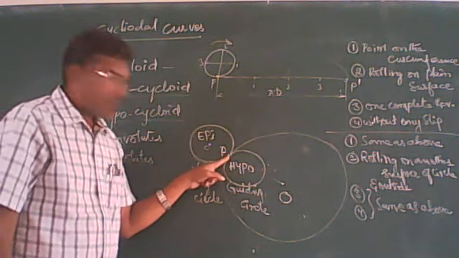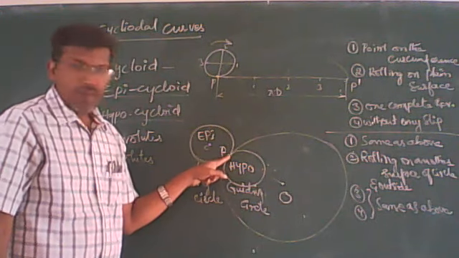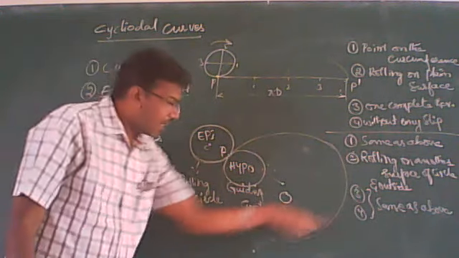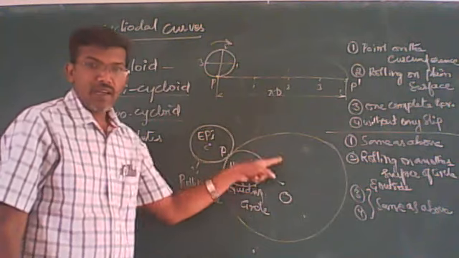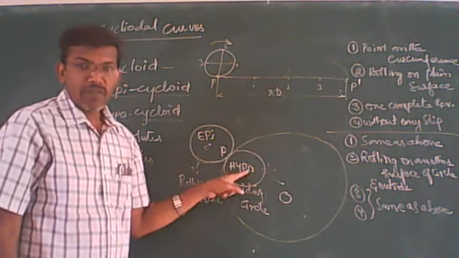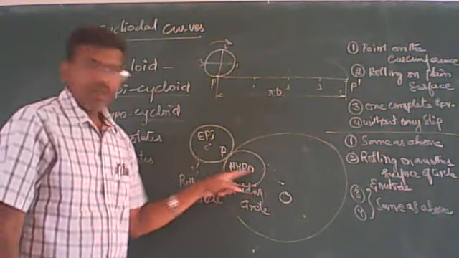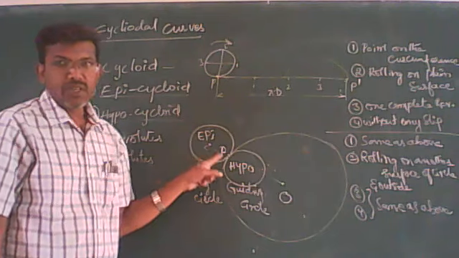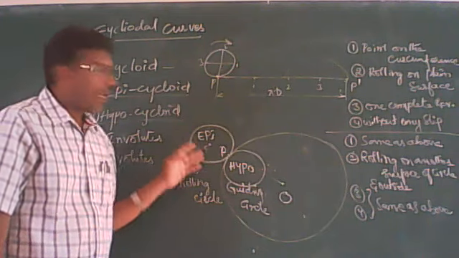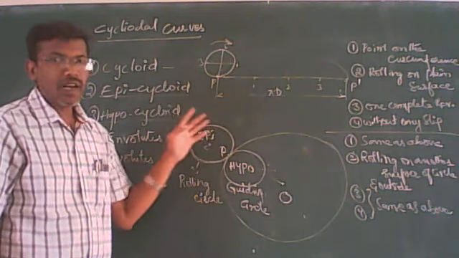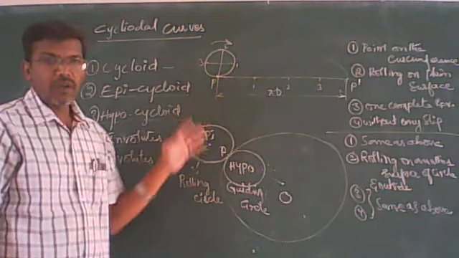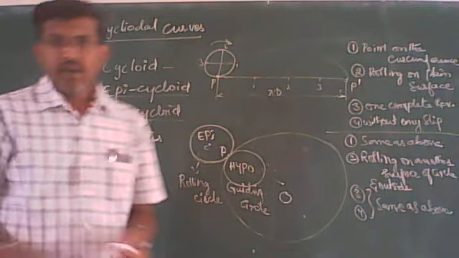And the point on the circumference of the circle rolling inside the circle for one complete revolution without any slip is nothing but the hypocycloid. So these are the three different cycloidal curves which we are going to see now.